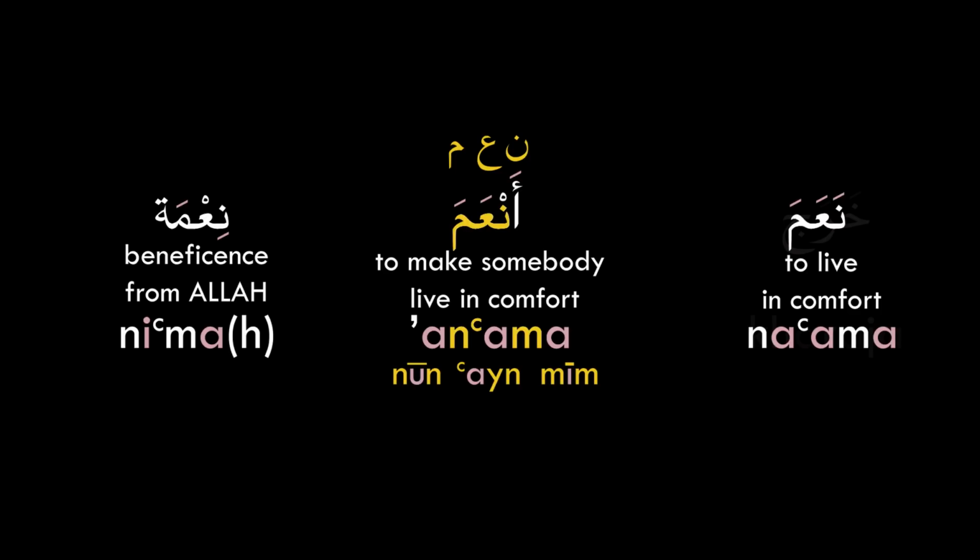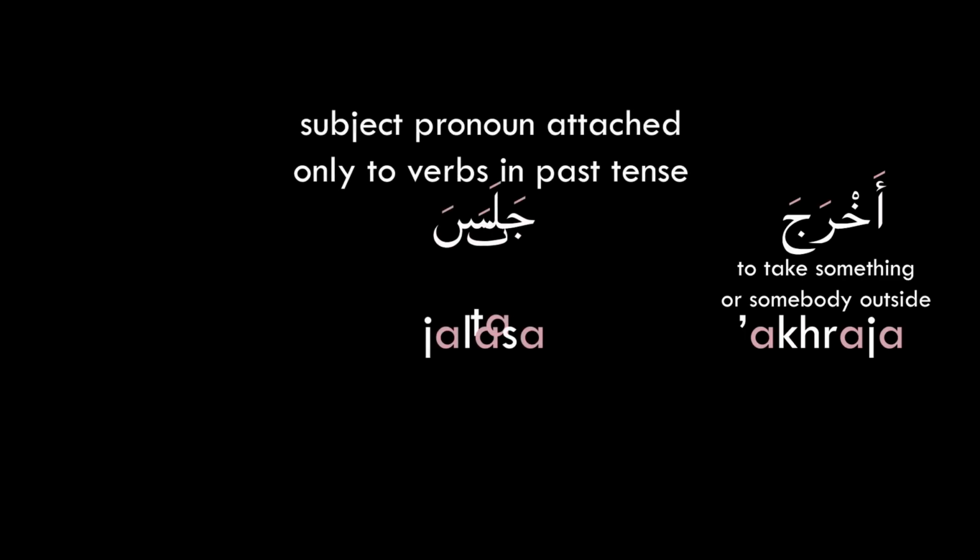The verb kharaja is a trilateral verb that means to go out, and prefixing alif plus hamza to this verb, it becomes أخرج, which means to take somebody outside. The verb جلس is a trilateral verb that means to sit, and prefixing alif plus hamza to this verb, it becomes أجلس, which means to make somebody sit down.